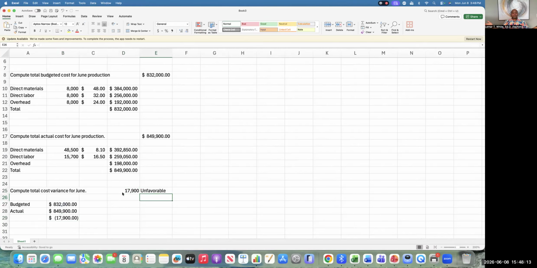It's unfavorable because the best case scenario is that you spend what you budgeted or less. When you spend more than what you budgeted, you're incurring more costs than you expected to, and that is seen as an unfavorable variance. And that is how you solve question 2 of the homework.